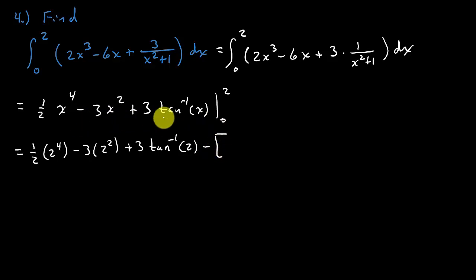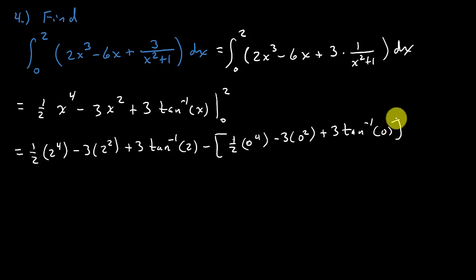Of course, when we plug the 0 in, we're going to get 0 for the whole thing, but let's go ahead and plug it in so we can see it. So that's minus 3 times 0 squared plus 3 times inverse tan of 0. All right, so of course all of this goes to 0.